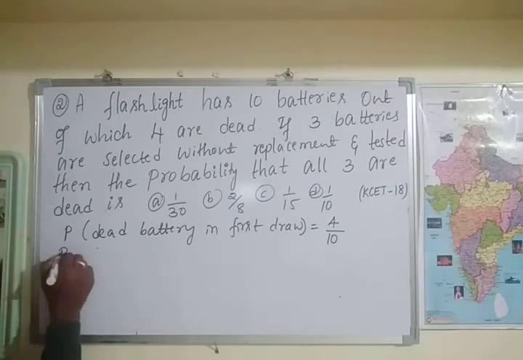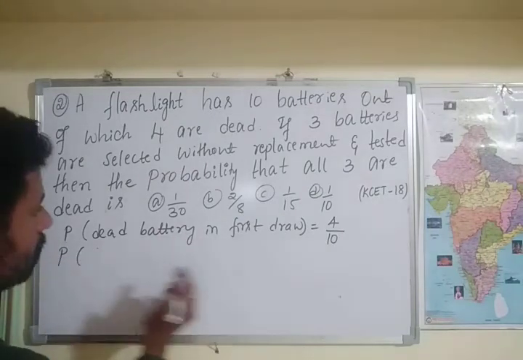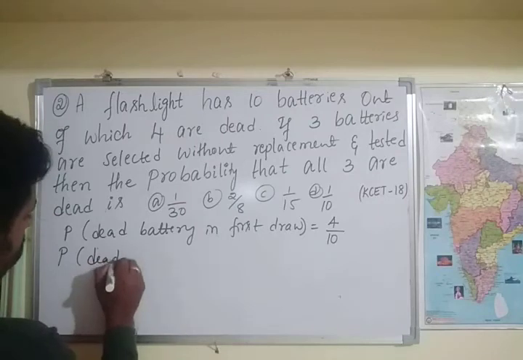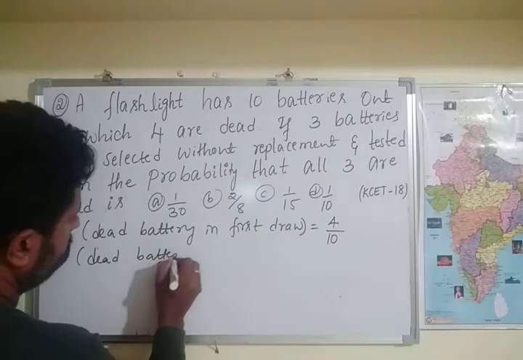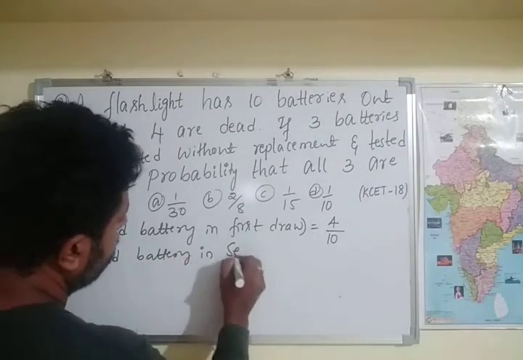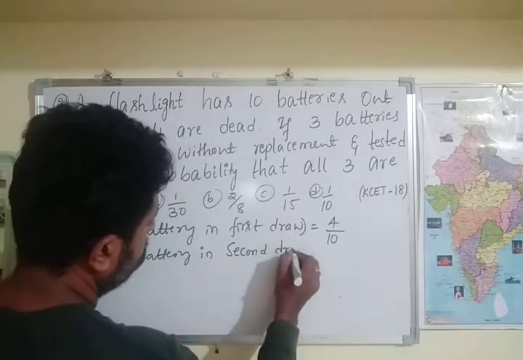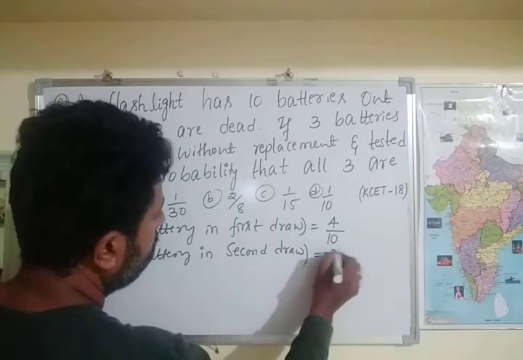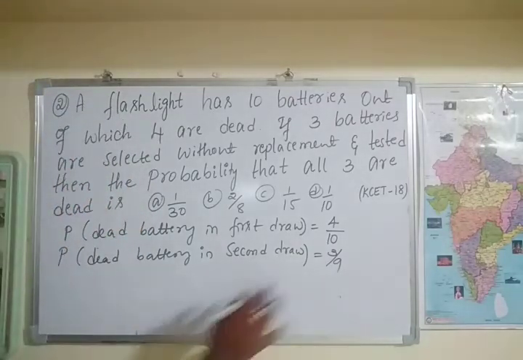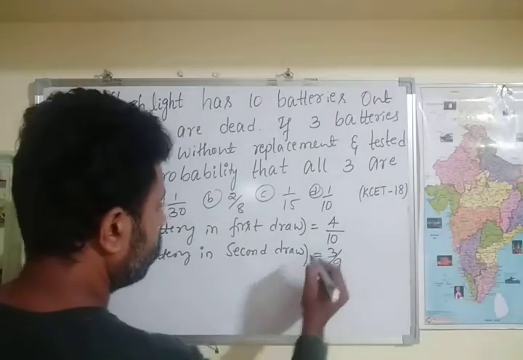Next, the probability of a dead battery in the second draw is 3 divided by 9.